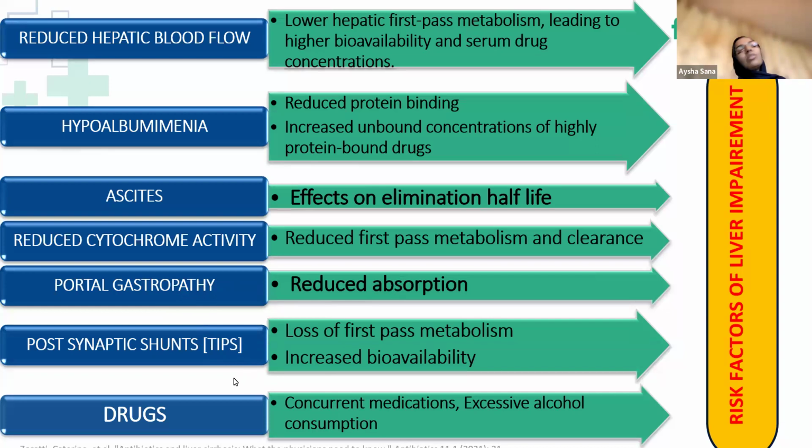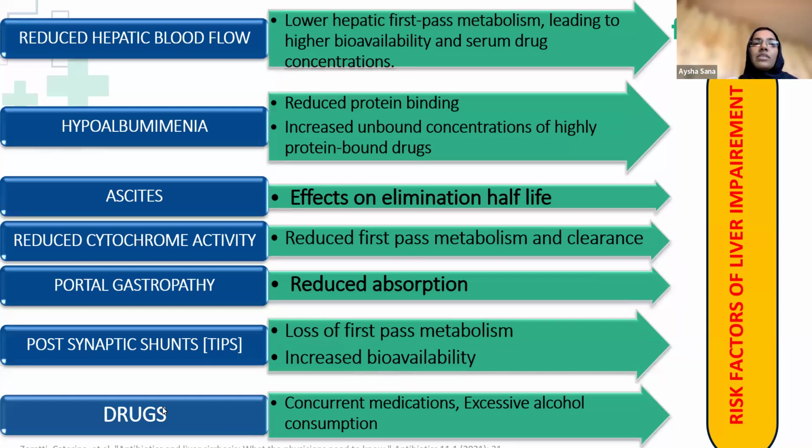Then these patients will also undergo multiple procedures like surgical shunts and all to reduce variceal bleeding, which is a complication of liver cirrhosis. So such patients who have undergone these procedures can eventually have altered drug metabolism, clearance and bioavailability.